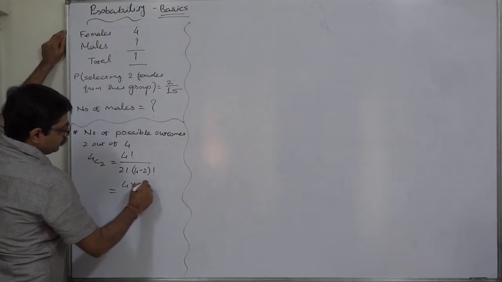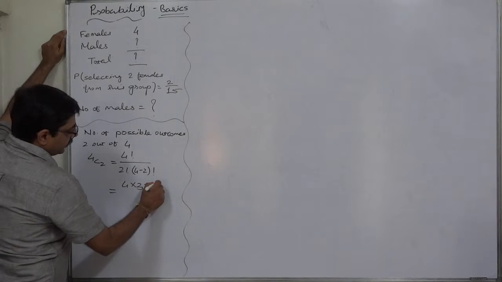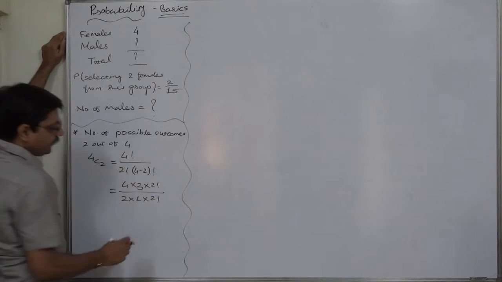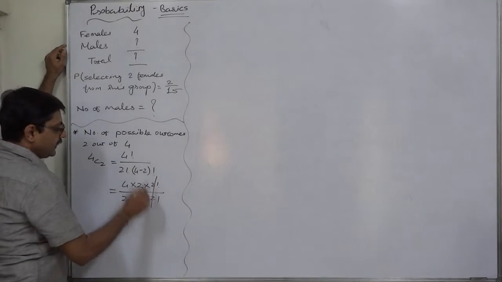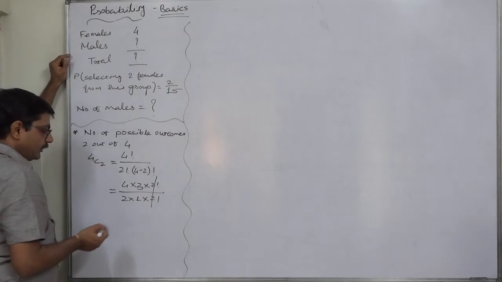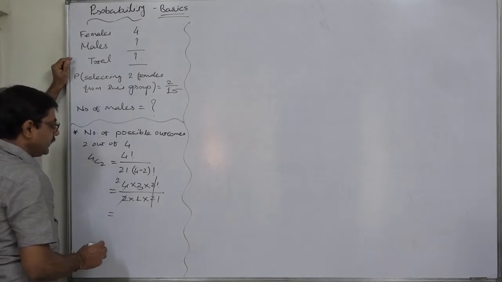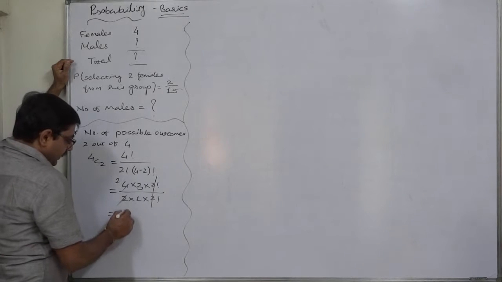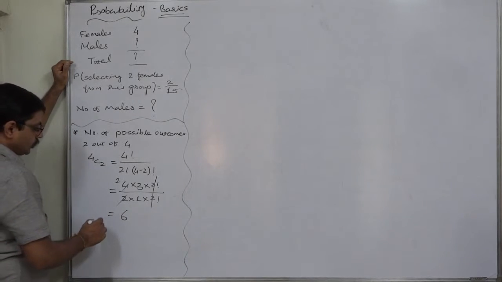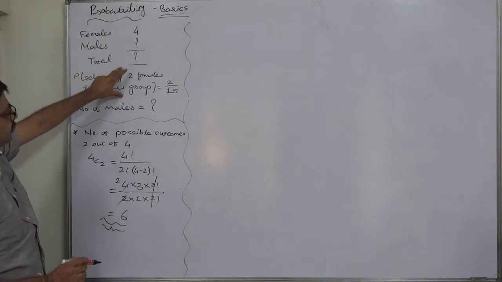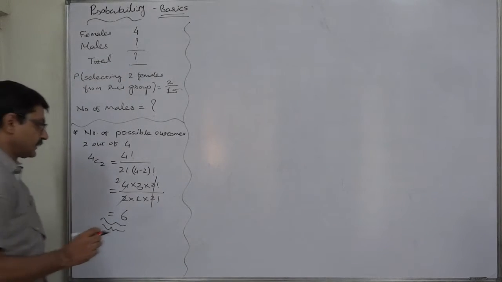That is 4 into 3 into 2 factorial upon 2 into 1, and another 2 factorial will remain as it is because we can cancel it with the 2 factorial in the numerator, and 2 can be cancelled against 4. 2 into 3, it comes to 6. So the favorable outcomes for this particular event come to 6.